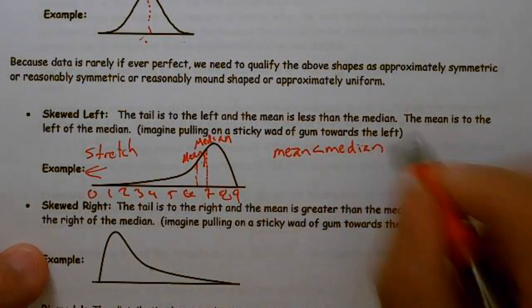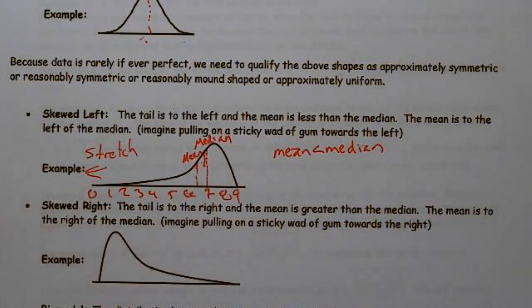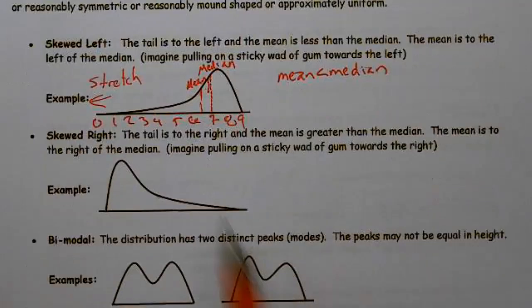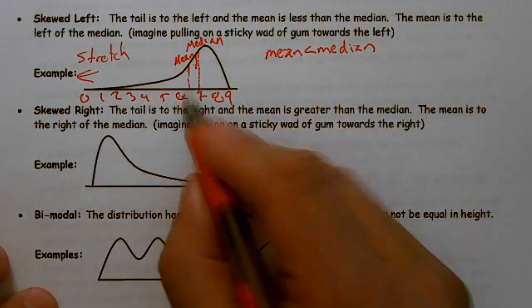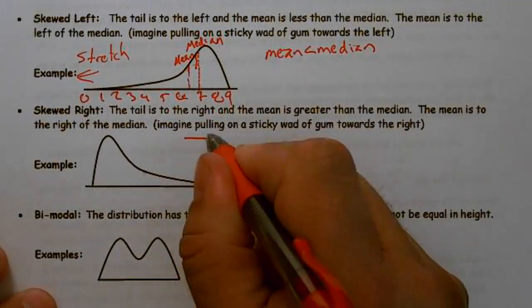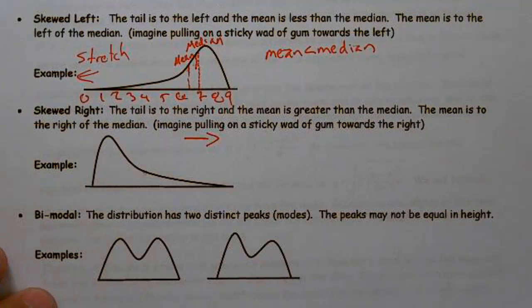So here's a couple things to remember. If it's skewed to the left, it's stretched to the left, and the mean is to the left. The mean is to the left if it's skewed left. Okay? Skewed right. Well, basically, we had that same wad of gum. We stuck it on the ground and we pulled or stretched it to the right. So it's been stretched or pulled to the right.